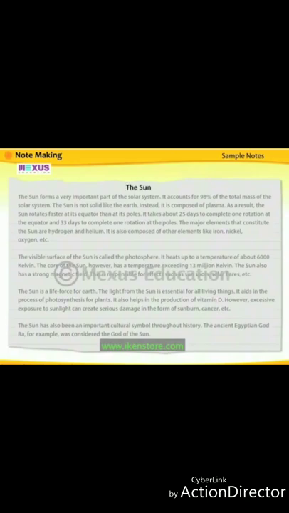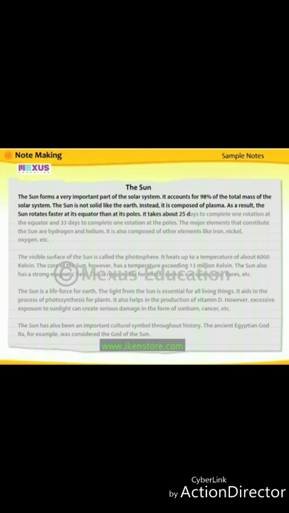The Sun. The Sun forms a very important part of the solar system. It accounts for 98% of the total mass of the solar system. The Sun is not solid like the Earth. Instead, it is composed of plasma. As a result, the Sun rotates faster at its equator than at its poles.